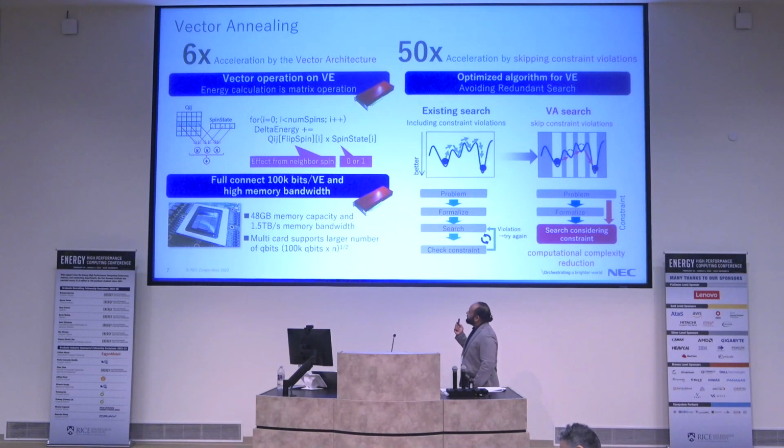So by using this simulated annealing on the vector engine, we are seeing immense speedups. And given the memory on chip, we are able to process fully connected 100,000 qubits on one vector engine card. And with multiple cards, you can support even larger numbers of qubits. So 100,000 times the square root of n, where n is the number of cards.